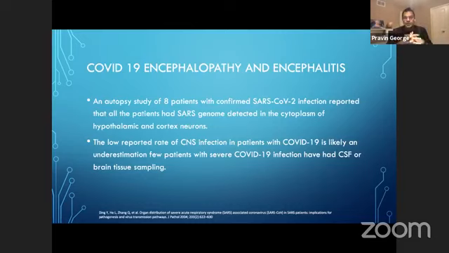The low reported rate of CNS infection in patients with COVID-19 is likely an underestimation, as few patients with severe COVID-19 infections have had CSF or brain tissue sampling. Of all the people that have died from this, it's unfortunate from a medical perspective that we don't have a lot of neuropath staining.